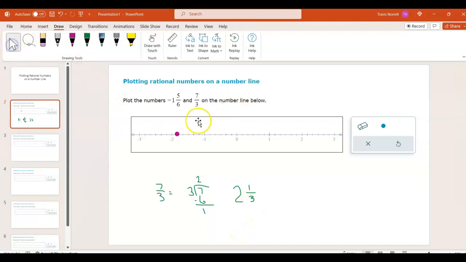Now, what I want you to notice is that I've changed 7/3 to 2 1/3. And because it's positive, we're going to be headed in the positive direction on the number line.